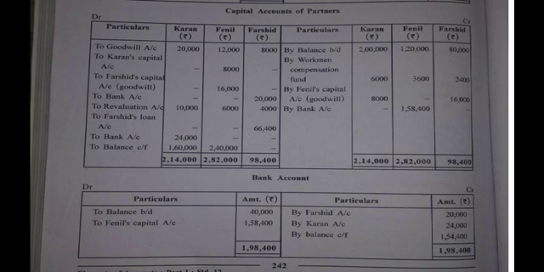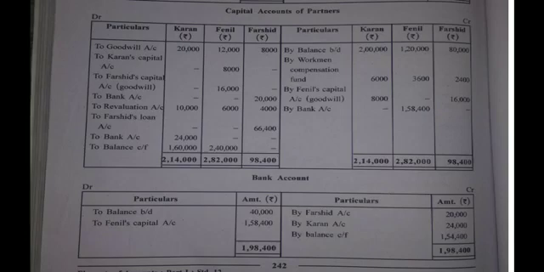You can see partners' capital account debit side to revaluation account, which is 10,000, 6,000 and 4,000. This is the amount of loss transferred from revaluation account.